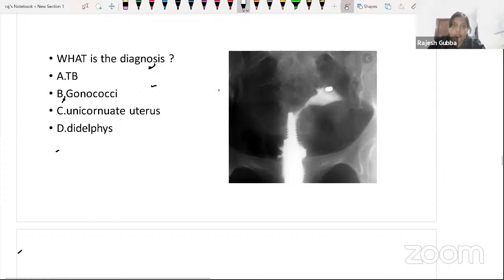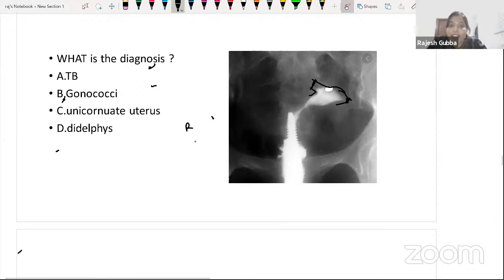You should have only one horn if it is unicornuate uterus. But if you closely observe the image, you actually have two horns. But beyond the horn, you're not having the dye going out. So dye is not going beyond the horn.